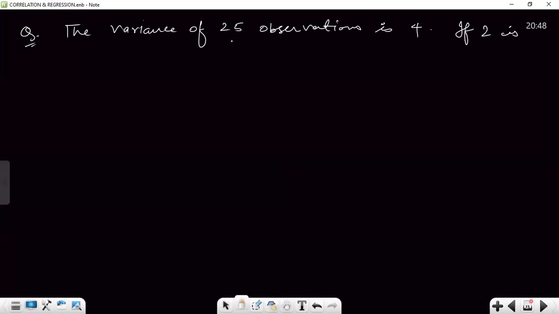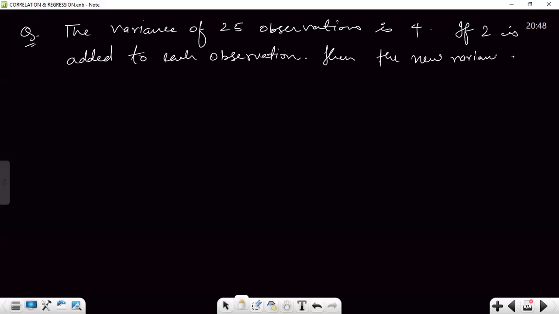If 2 is added to each observation, then the new variance of the resultant observations will be what? This is what you need to find out. Think.